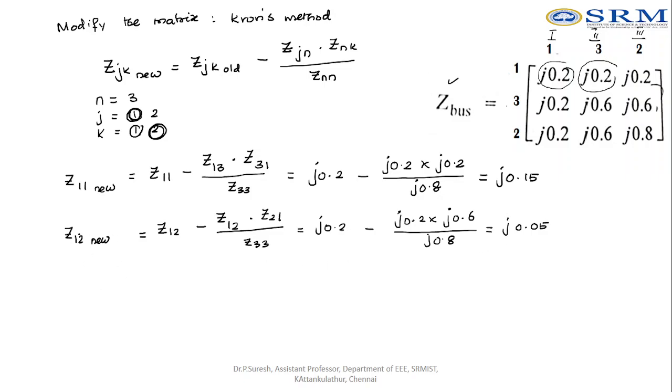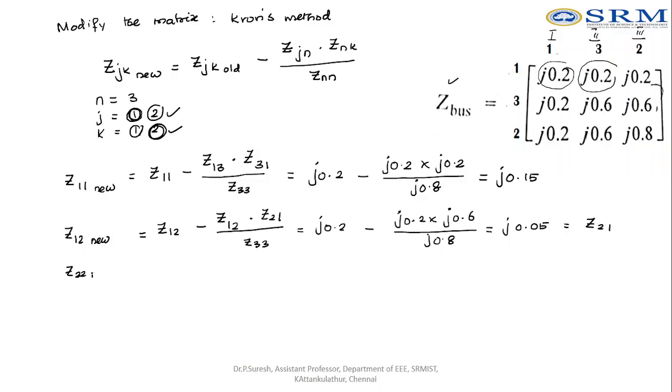And similarly, Z12 is the same as Z21. So 11 is over, 12 is over, 21 is over. Now we are going to find Z22.